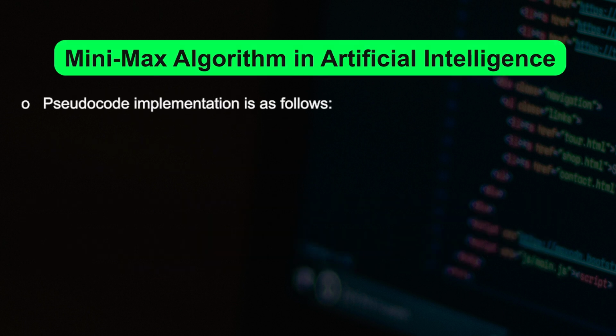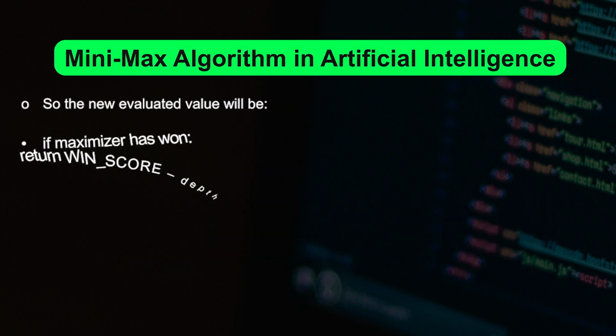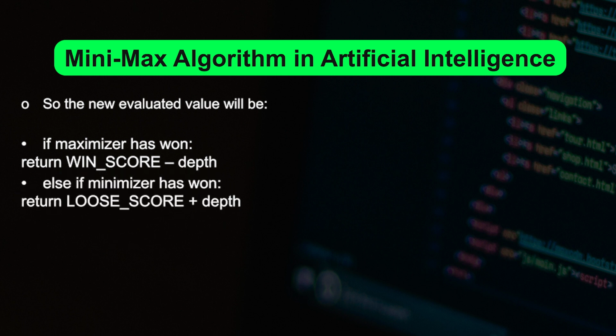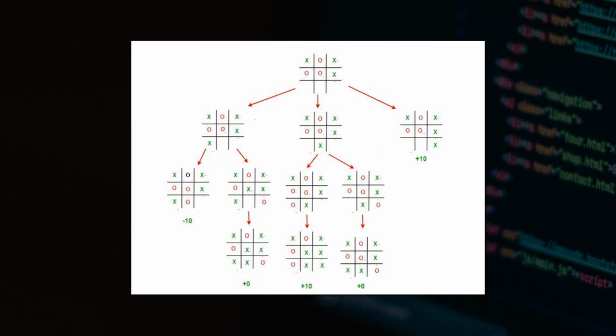Pseudocode implementation is as follows. If maximizer has 1, return win score minus depth. Else if minimizer has 1, return loss score plus depth. In this tree, you can see we have the structure cross, 0, cross, 0, 0, cross, then cross, then we have blank, 2 blank.